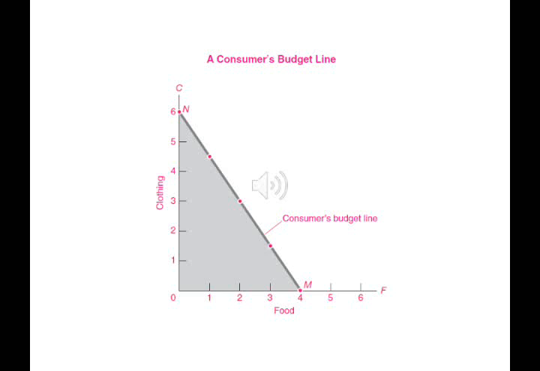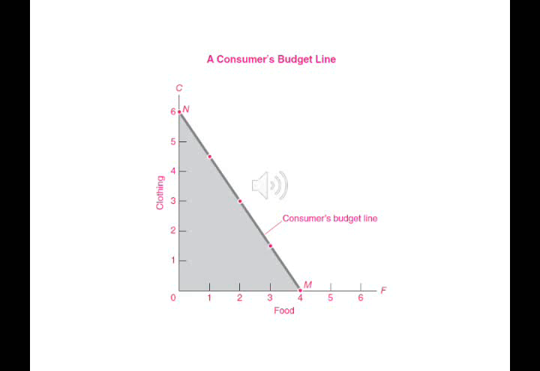So he will now have $3, and these $3 will enable him to buy 2 extra units of food, because the price of food is 1.5 each. So this is what we mean by the 3 over 2, the slope of the budget line.